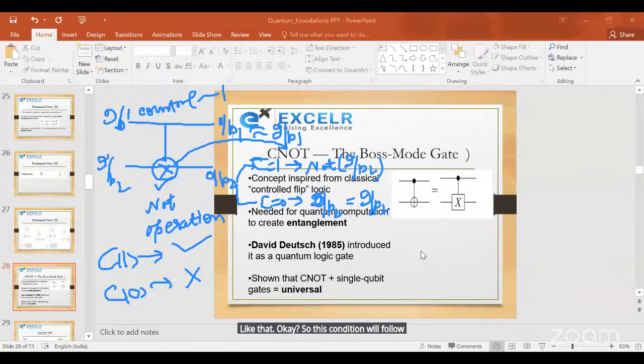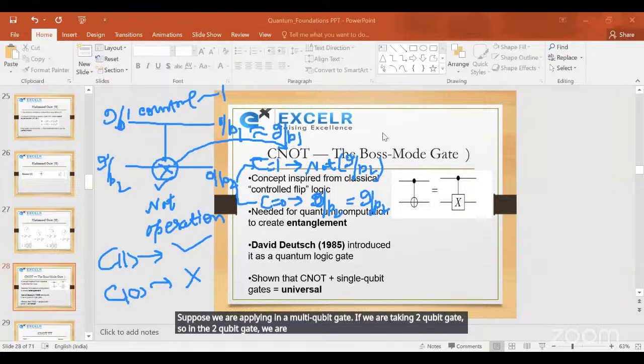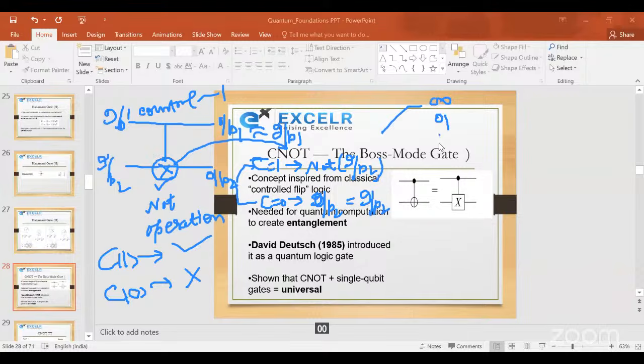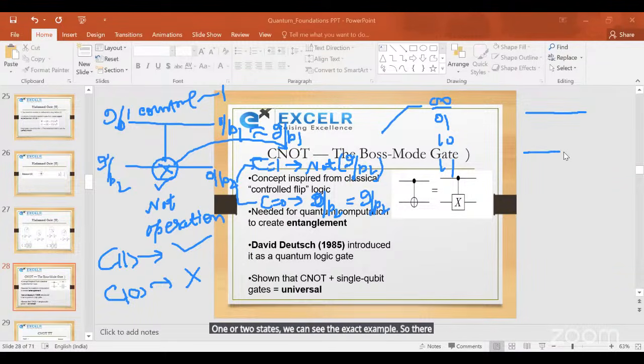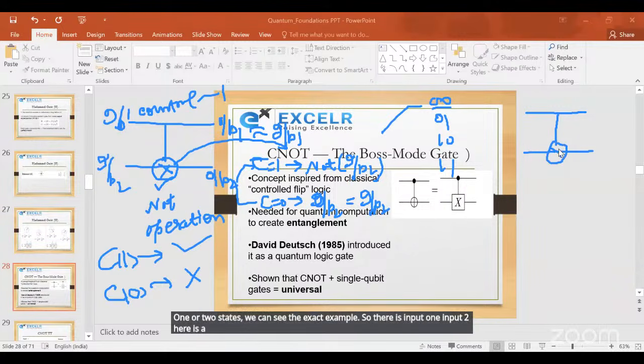Now we will take one example. Suppose we are applying it in a multi-qubit gate. If we take a 2-qubit gate, we have 4 states: 00, 01, 10, and 11. We can see the example. There is an input 1, input 2, and here is a control X gate.